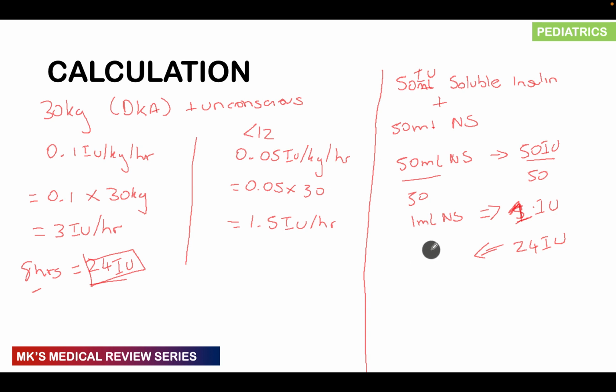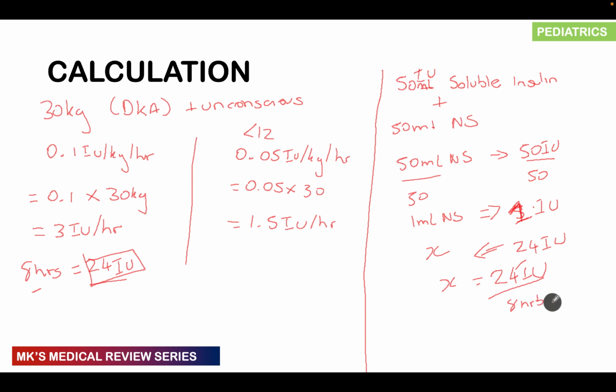Let's say x. If we multiply x by 1, 24 by 1, x is going to be 24 mils. So this means that 24 mils, or half of this solution, must be given over 8 hours.